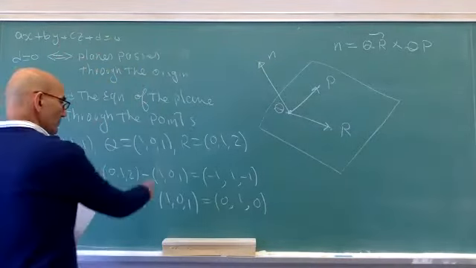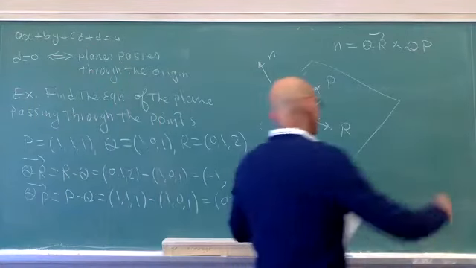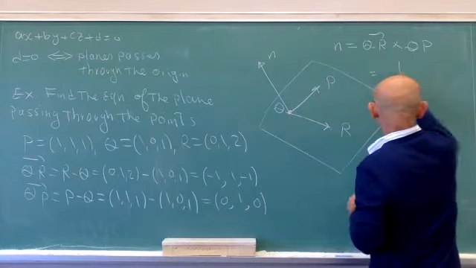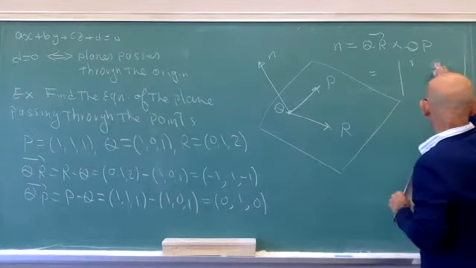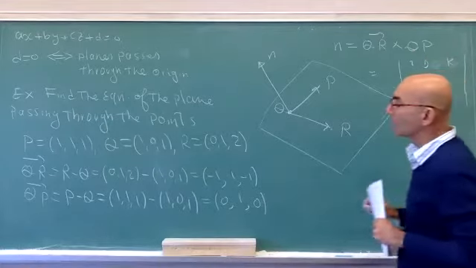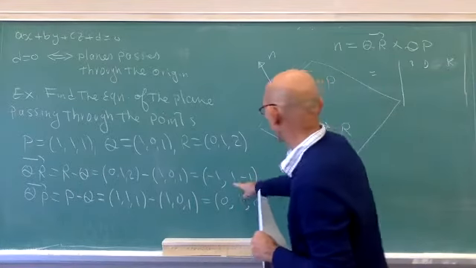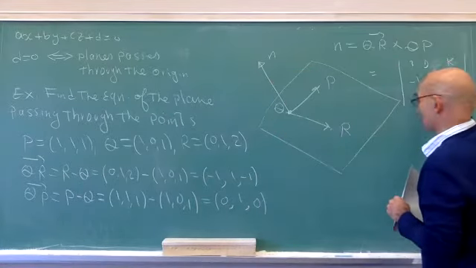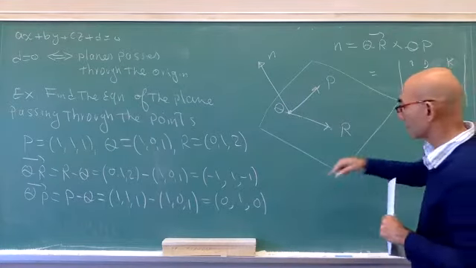Anyhow, so we have that. Let's take the cross product. That's equal to the determinant with i, j, k. QR is negative 1, 1, negative 1, and this one is 0, 1, 0.